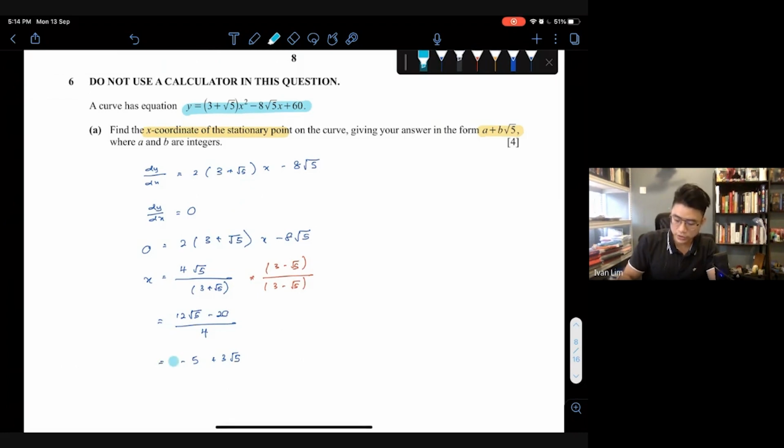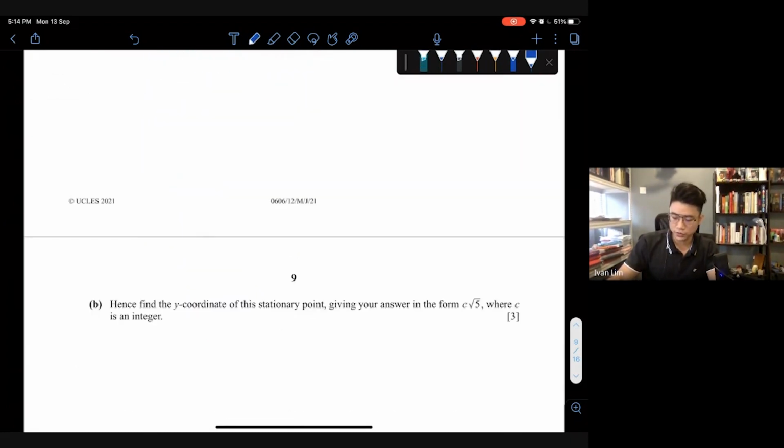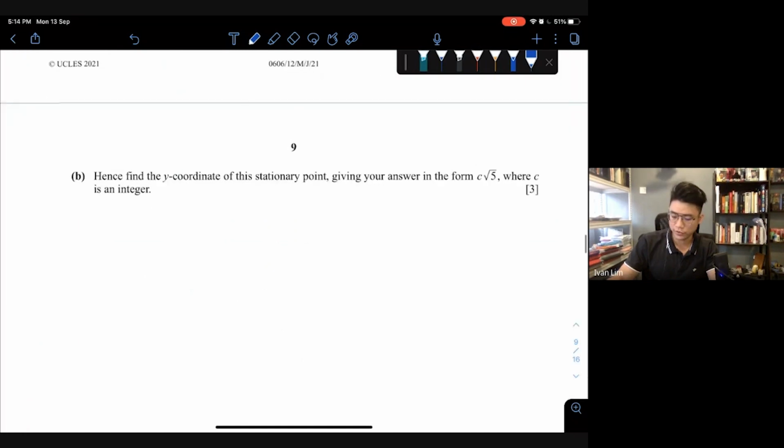All we need to do is sub this x into the question, to find our value of y. So y equals 3 plus surd 5 times (negative 5 plus 3 surd 5) squared, which is my x squared, minus 8 surd 5 times (3 surd 5 minus 5) plus 60.